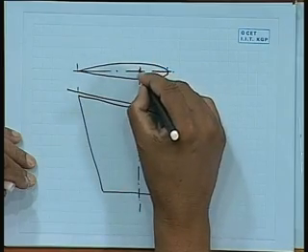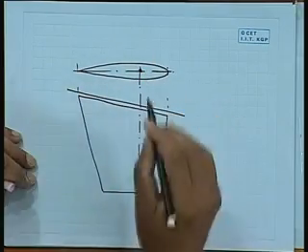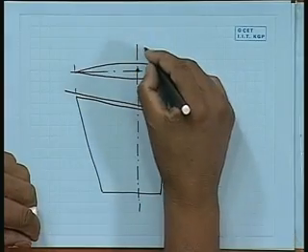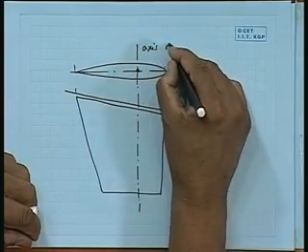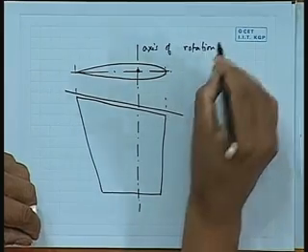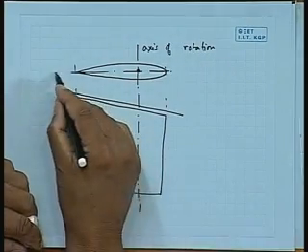This is my stock point here, which is rotating here. First of all, this is my axis of rotation, that is the spindle. This is my center plane.